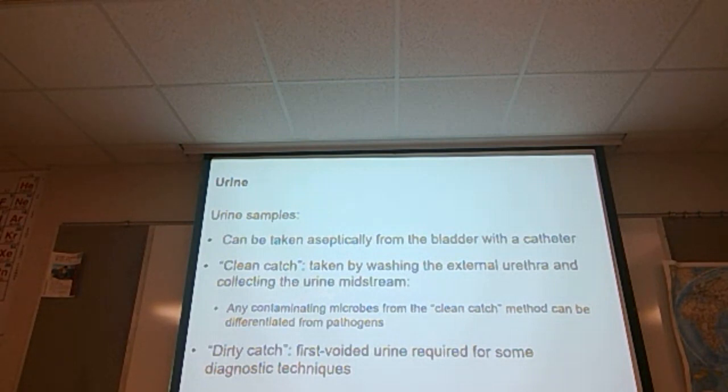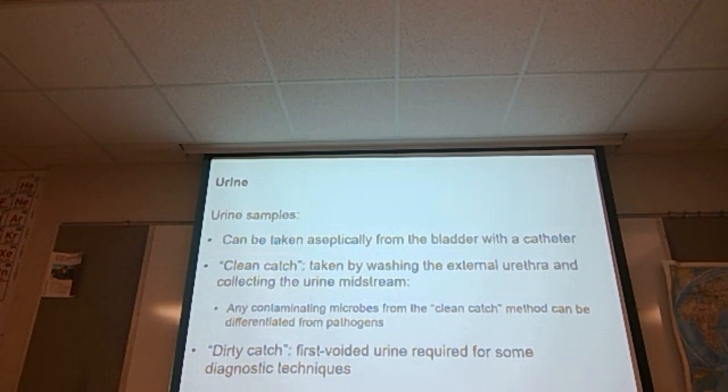Any contaminating microbes from the clean catch can be differentiated from pathogens. A dirty catch is where you take the first voided urine, and a dirty catch is required for some diagnostic techniques. When you go in and take a drug test, for instance, for trying to get a new job or something, many times they will tell you whether or not they need a clean catch or a dirty catch.